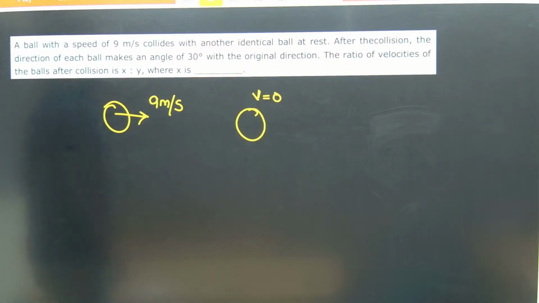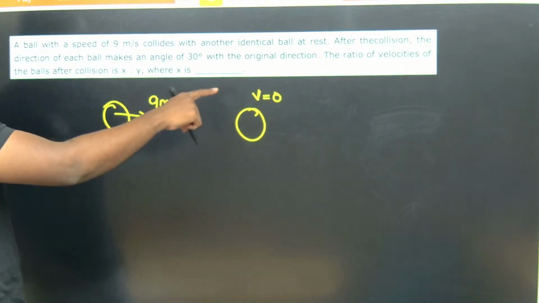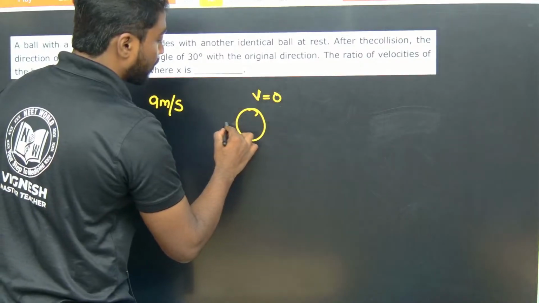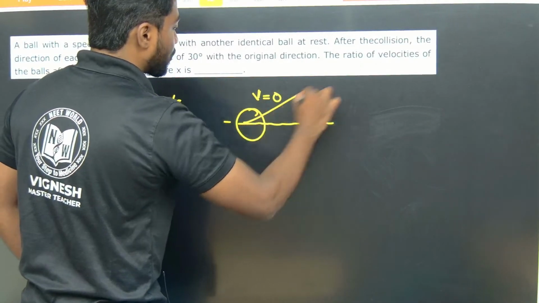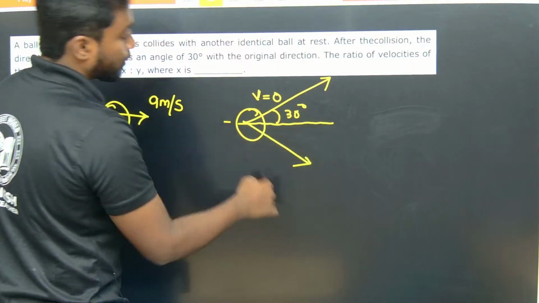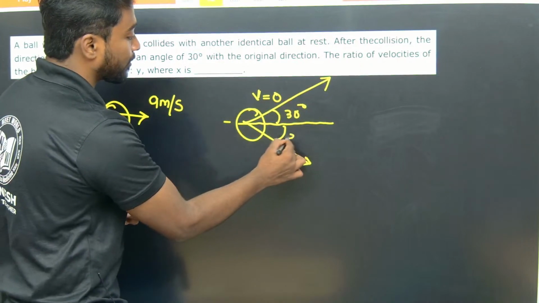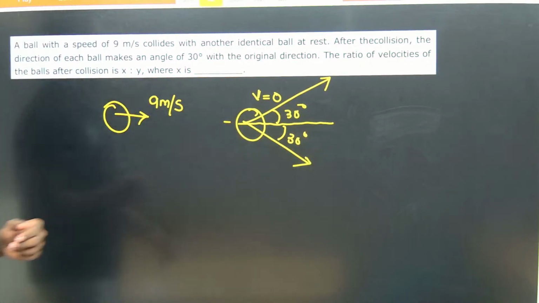After colliding, it makes an angle of 30 degrees with the original direction. One ball is going in this direction and another ball is going in this direction. This is 30 and this is also 30.